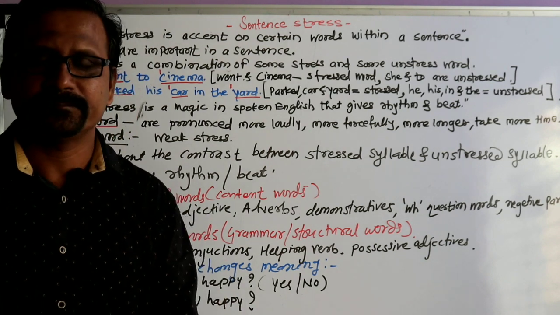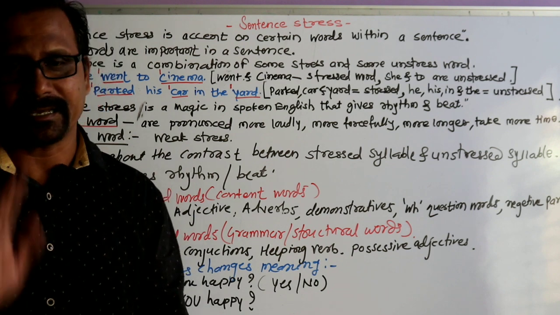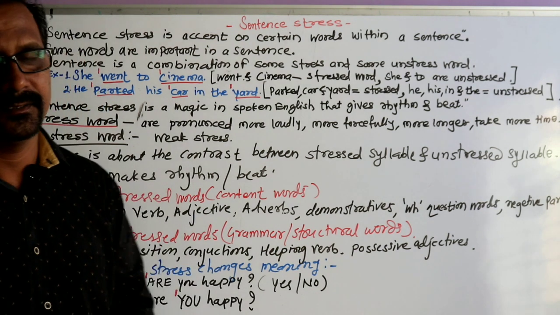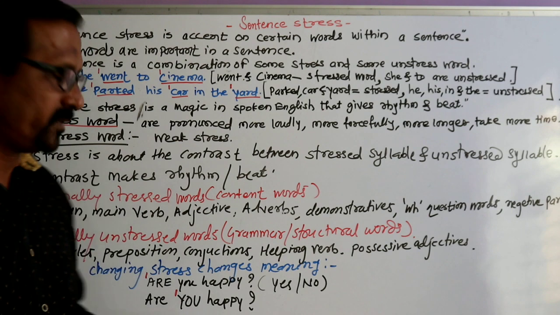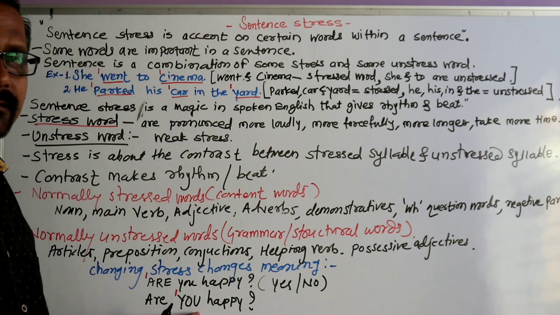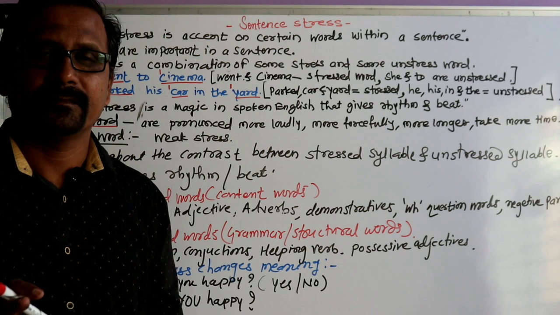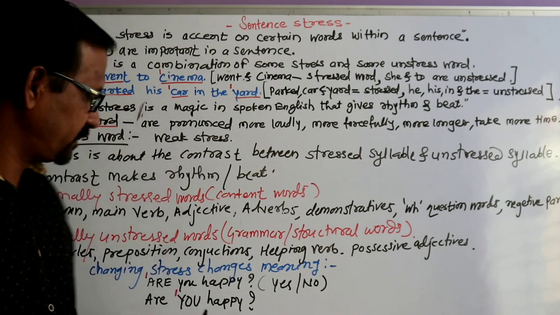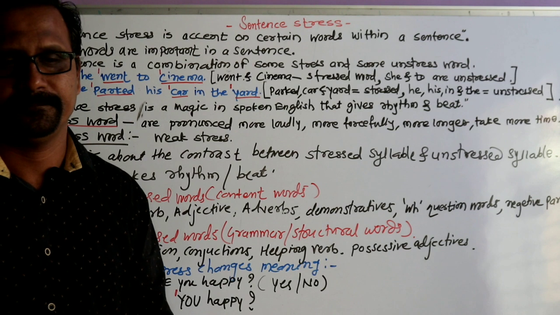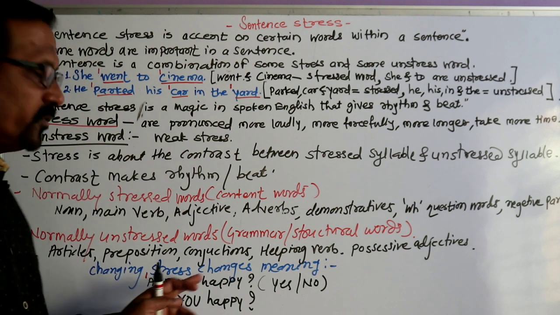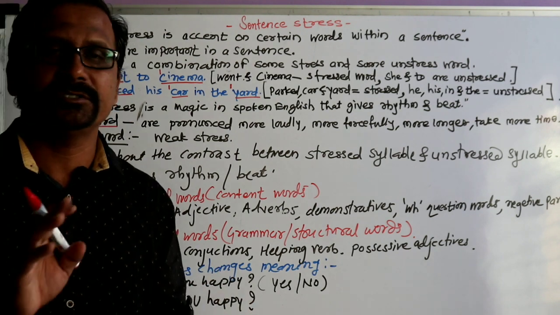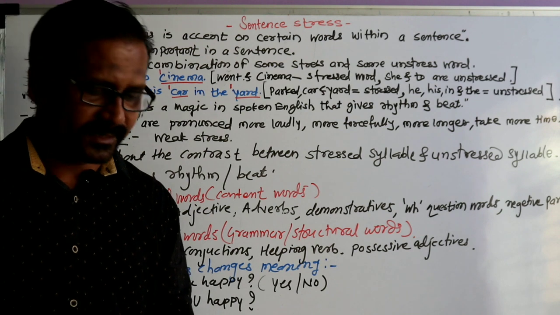It means that other persons are happy, no doubt. I want to know whether you are happy or not. So "you" is important there. And in the first sentence, I want only the answer yes or no. "You" is not important in the first sentence.